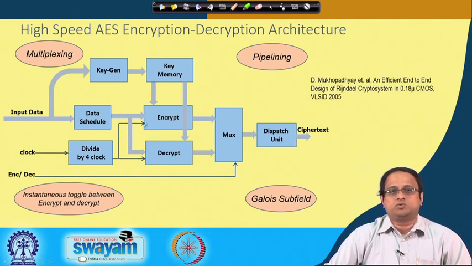Likewise, we would also probably want an instantaneous toggle between the encryption unit and the decryption unit, and as we discussed about the Galois subfield, if you do that, then there is an overall compact implementation.